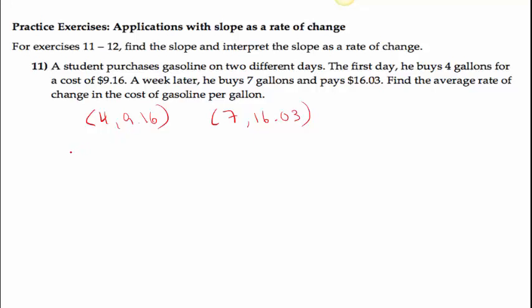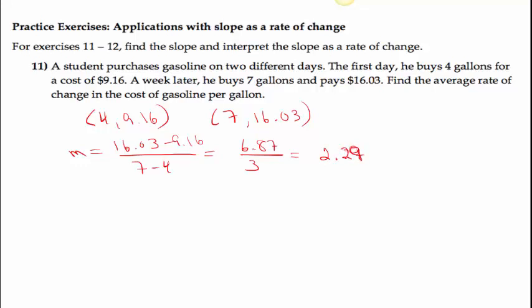So then you're going to find the slope between these 2 points, 16.03 minus 9.16 over 7 minus 4, and then this is going to be 6.87, I think, if I did that correctly, over 3, and then this is going to be 2.29, sorry, it's 2.29.